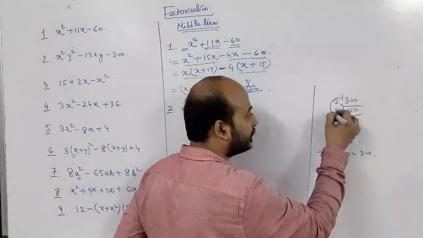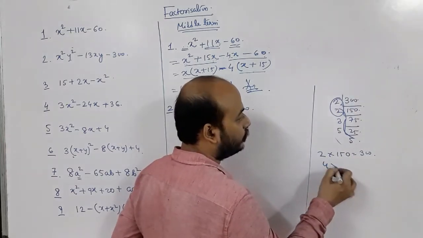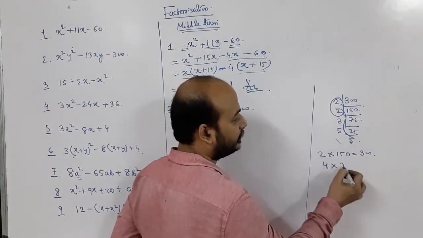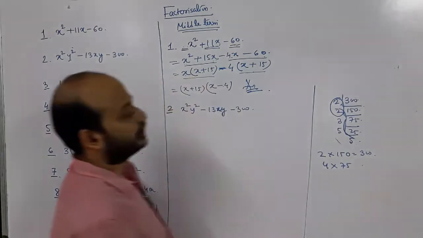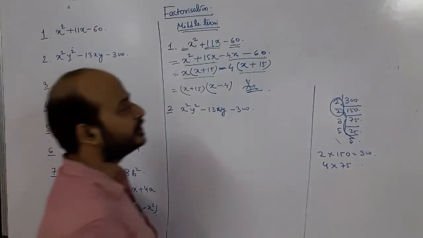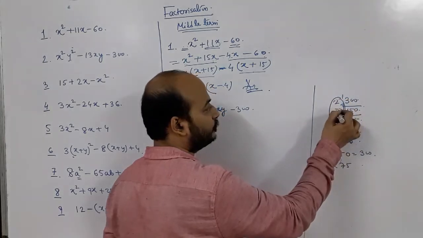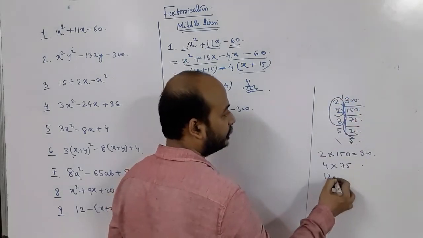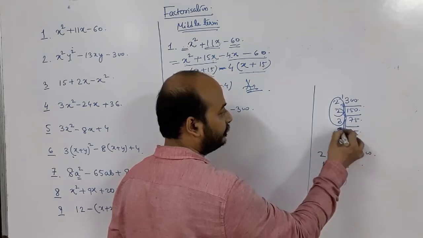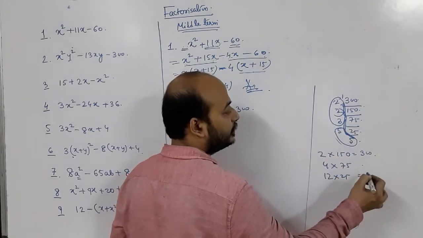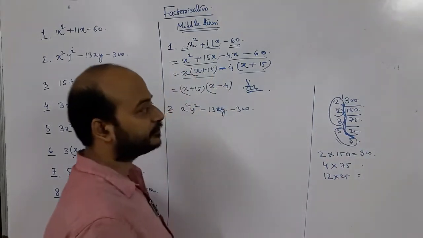Now suppose you are taking this 2, then you get 4, and then you get 75. Similarly, if you take this 3 combination, 2 into 2, 4 into 3, 12, and you get 5 into 5, that is 25. So that is also one combination.